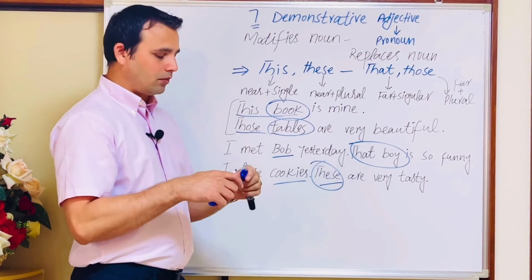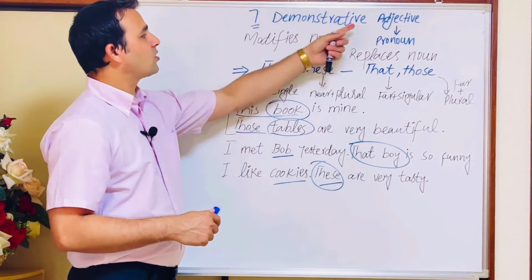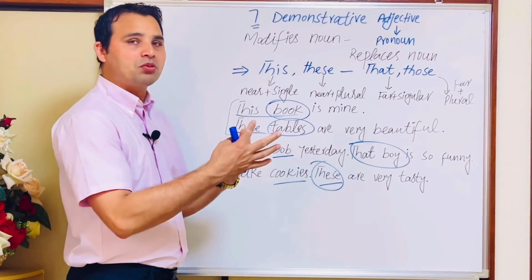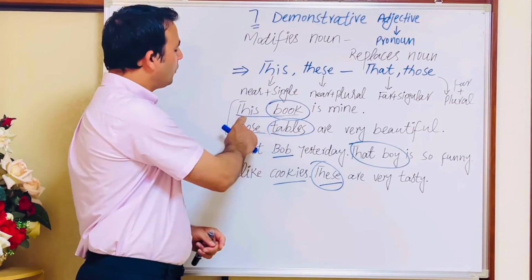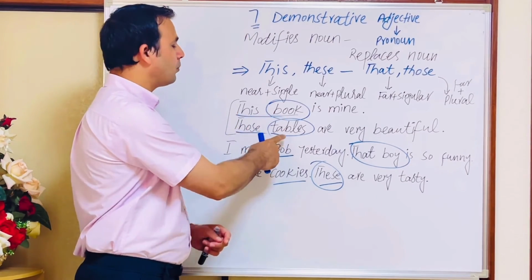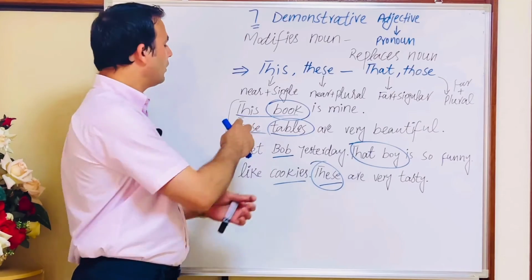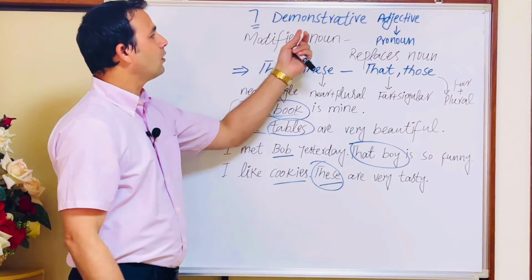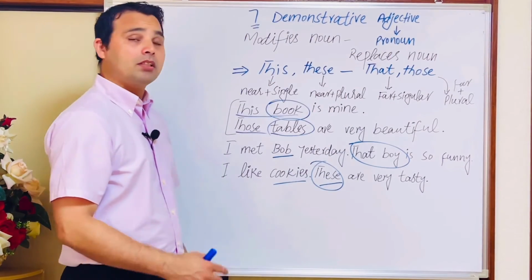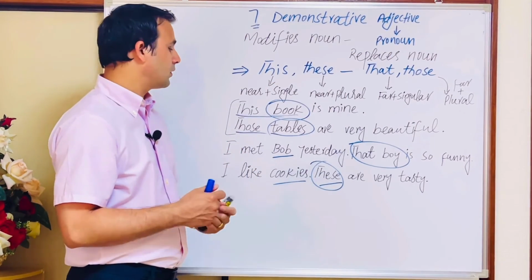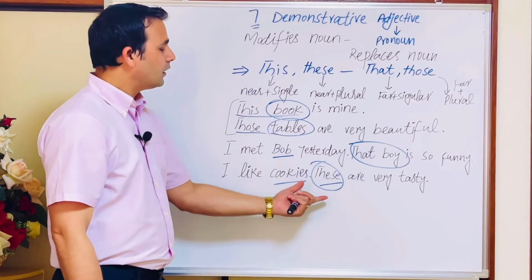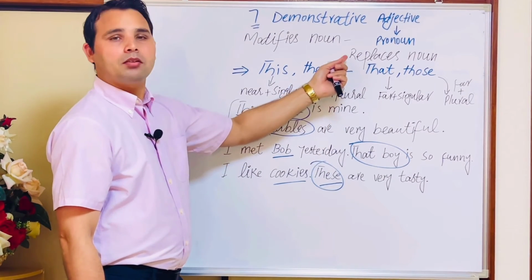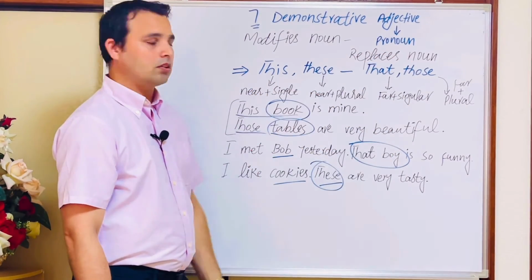So now that is the major difference, that demonstrative adjectives modify a noun and they are always used before a noun. Book or table, these are nouns and this and those are used before them. So these are demonstrative adjectives. But demonstrative pronouns replace a noun.